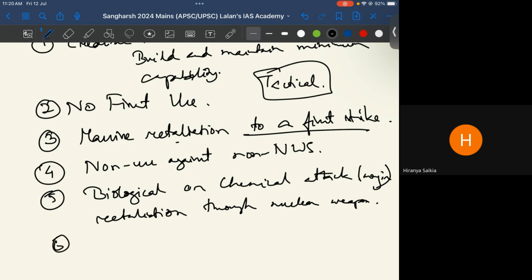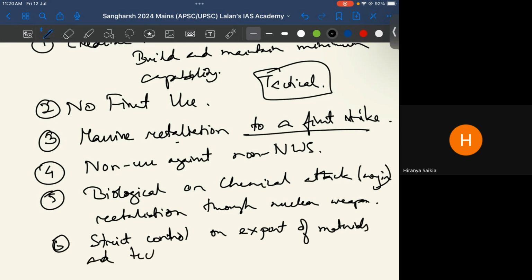Then number 6: we will maintain strict control on export of materials and technology. We clearly say that unlike China... have you heard about AQ Khan?